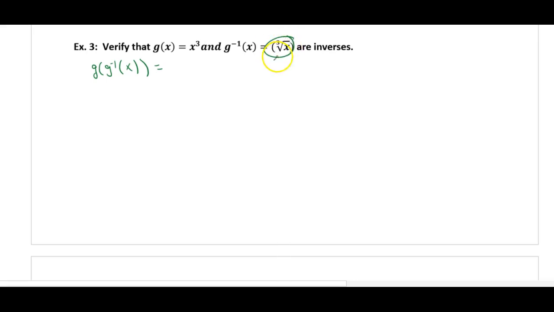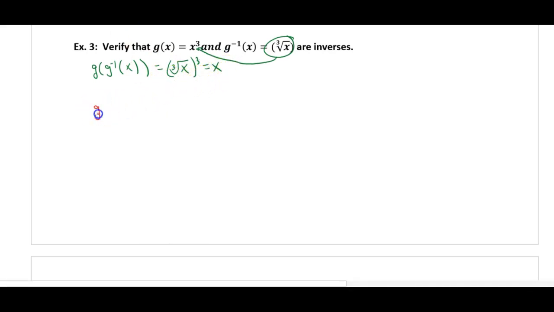So what I'm going to do is plug that in the place of x in g of x. When I do that, I would get the cube root of x all cubed. And what does that equal? Well, raising a cube root to the third power eliminates the cube root, and we're just left with x, right?